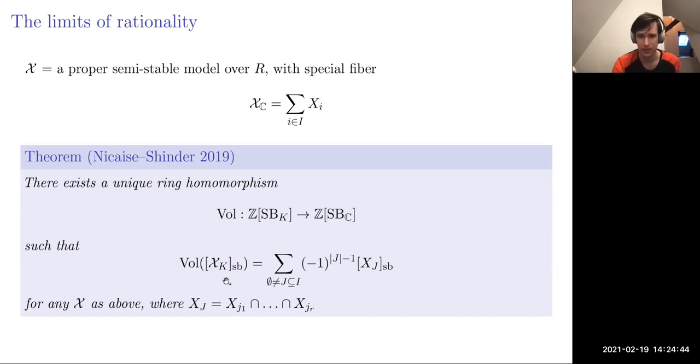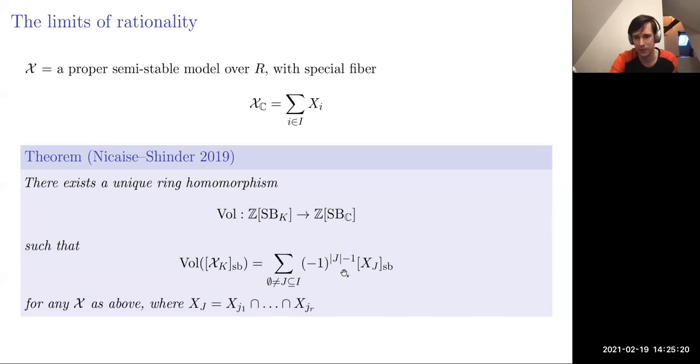And there's an explicit formula in the case where you have a proper and semi-stable model. So in that case, what you do is you take your variety over the generic point, you extend it to a proper model over this ring R, and then you send your class to the alternating sum of all of the strata that appear in the special fiber.